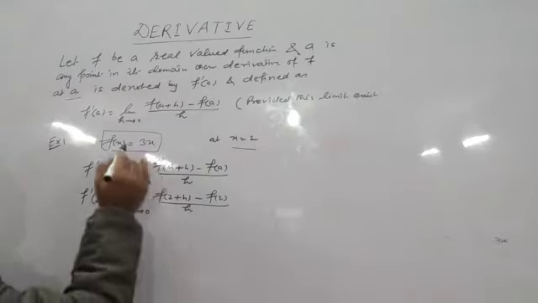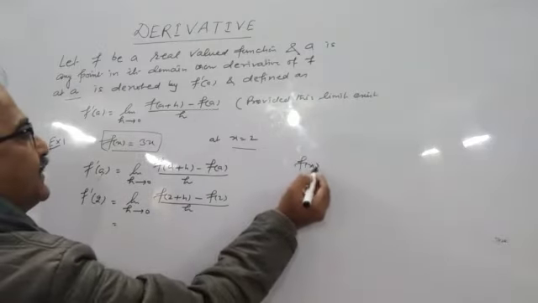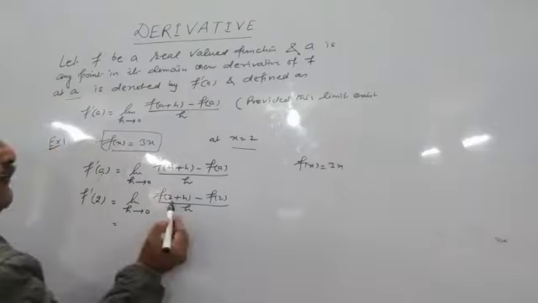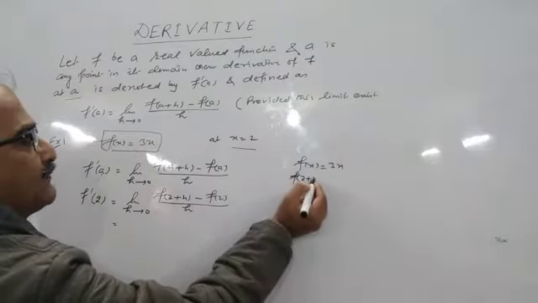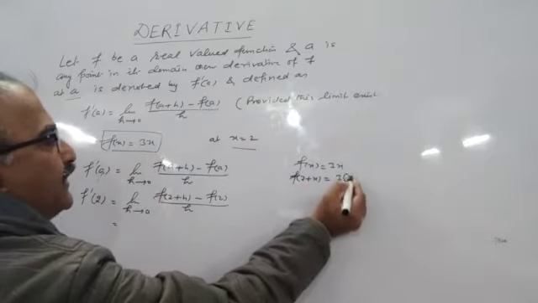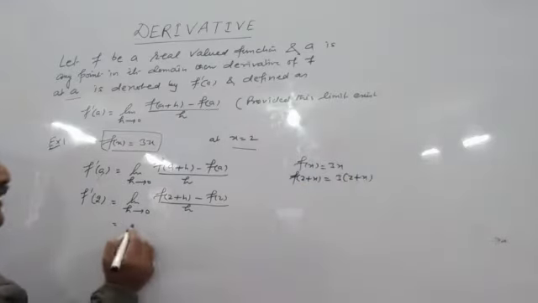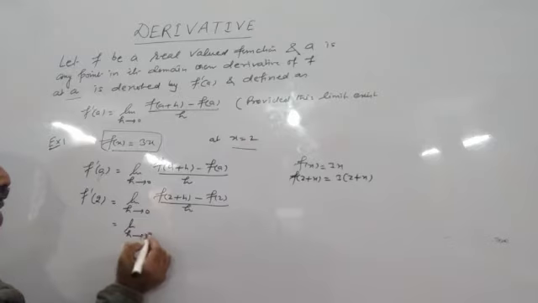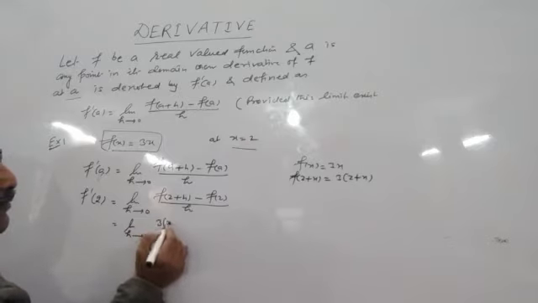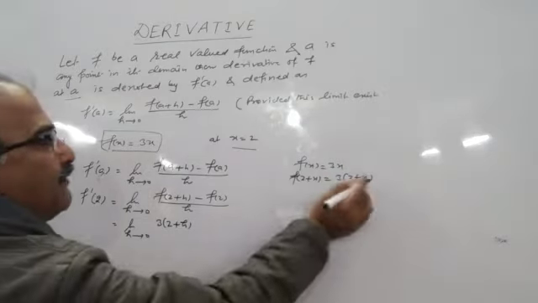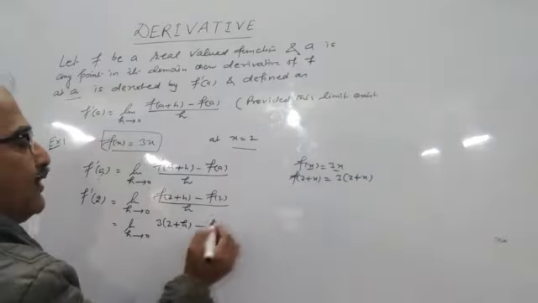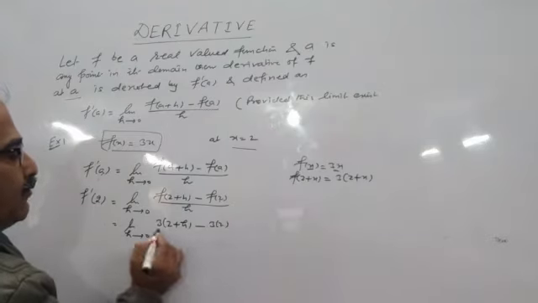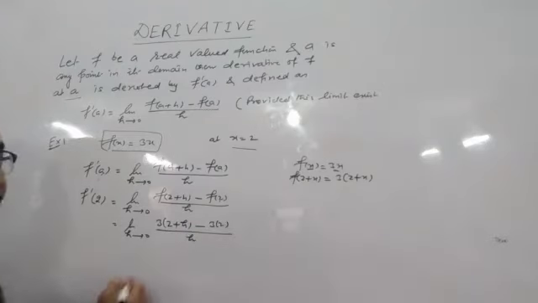Now by the function definition f(x) is equal to 3x. In place of x we are having 2 plus h. So if I replace x by 2 plus h, it becomes 3 into (2 plus h). So limit h approaching to 0, 3 into (2 plus h). In place of x we will put 2. Now again if I replace x by 2, it becomes 3 into 2 upon h as it is.